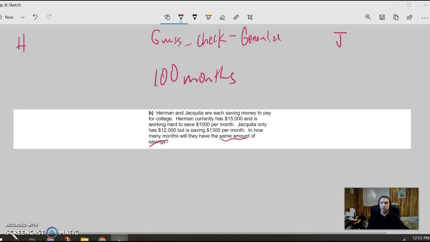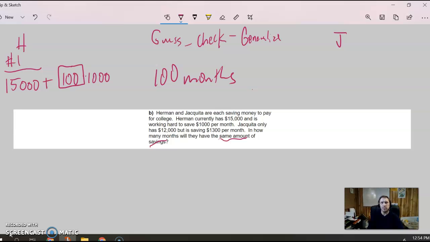It says Herman currently has $15,000. If we guess 100 months, how do we find what 100 months does? It says $1,000 per month, so 100 times $1,000 per month. So how much does he have?